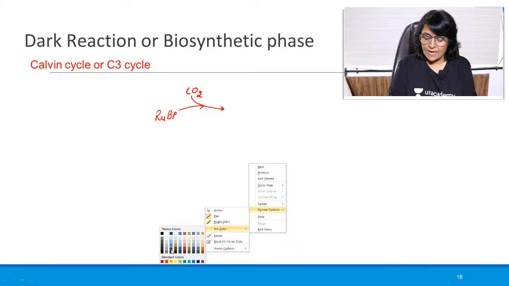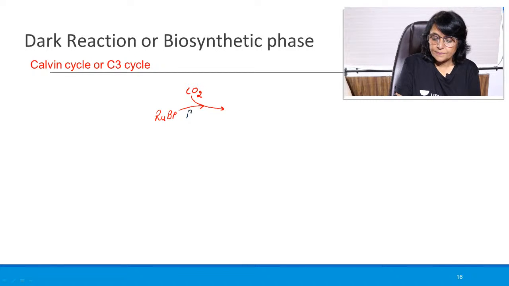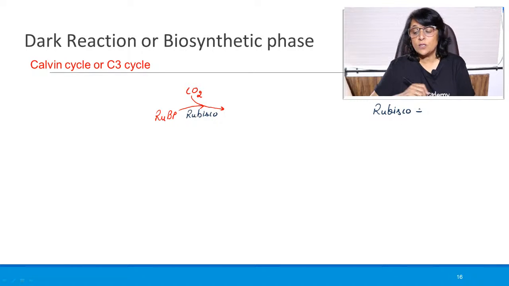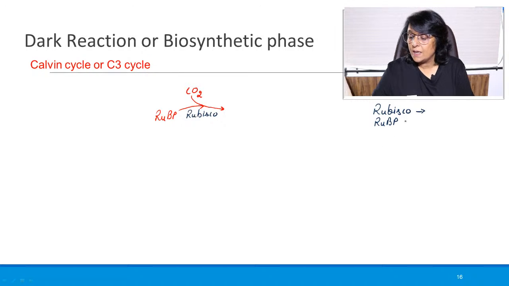And this enzyme is Rubisco. So here we will write down about Rubisco. Rubisco normally acts like carboxylase. So it is RUBP carboxylase oxygenase.